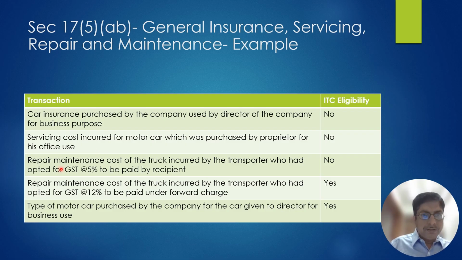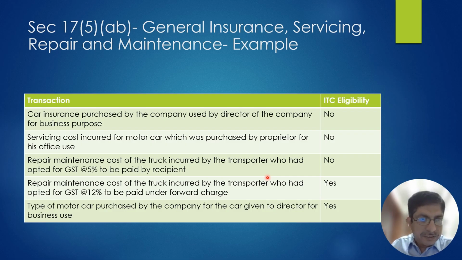Now the next example relates to transportation of goods by road. See, if the service provider opts for the scheme of 5% RCM, that means the recipient will pay the tax on that.